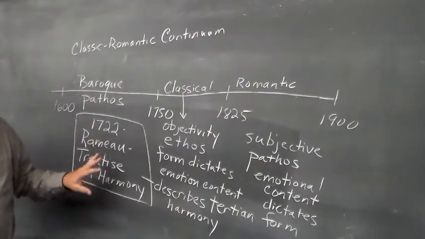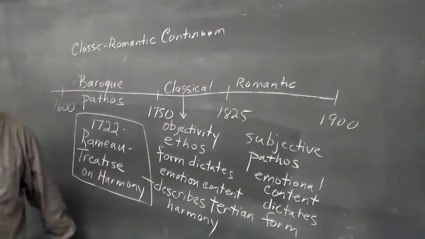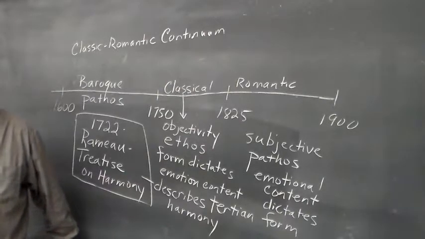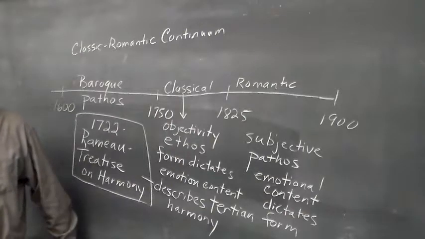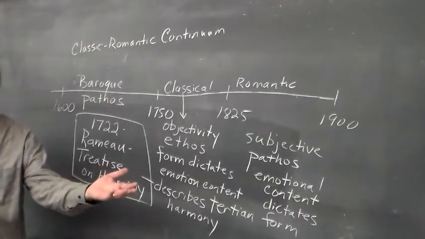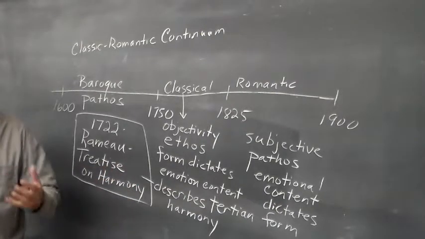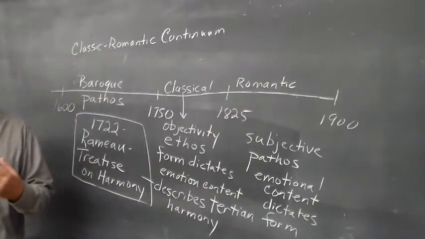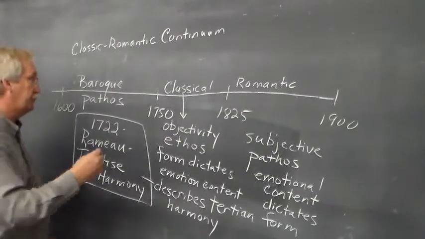So in the Baroque era, composers were basically writing either for the church or for the court. Those were the two ways that they were employed. And their role was either to glorify God or to glorify the king or whoever was the aristocrat that they were writing for. So it wasn't something that was intended to be a glorification of themselves.